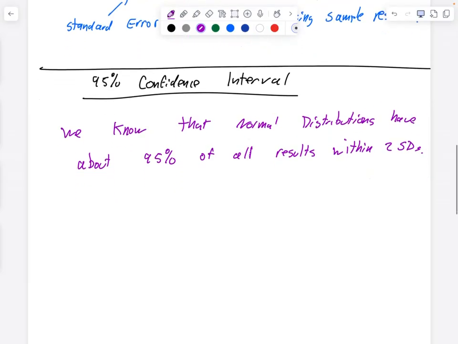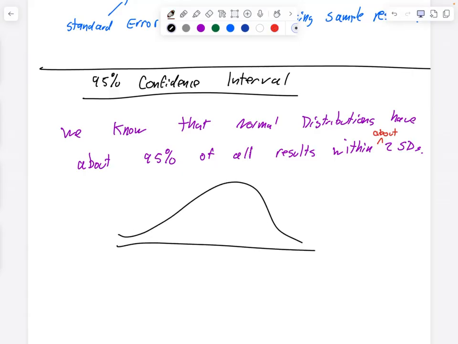This right here is the mean plus 2 standard deviations, and this is the mean minus 2 standard deviations. Okay? 95% would go in there.